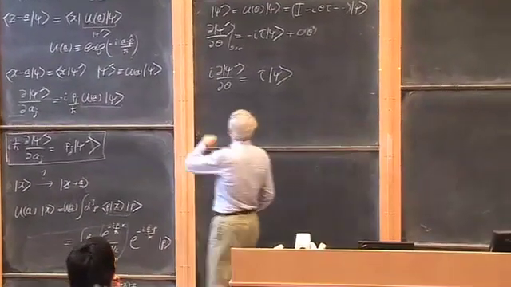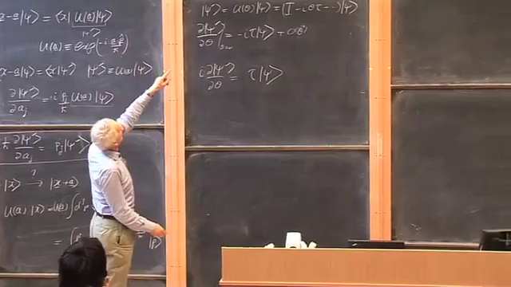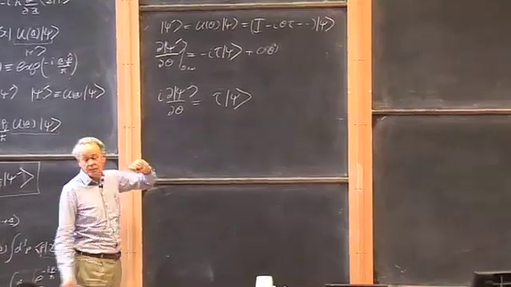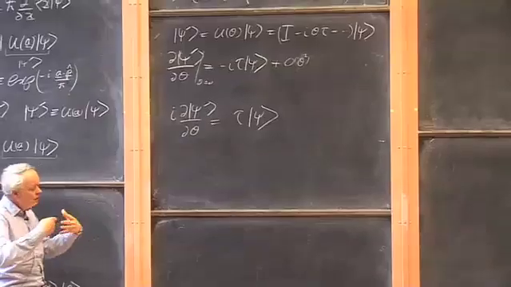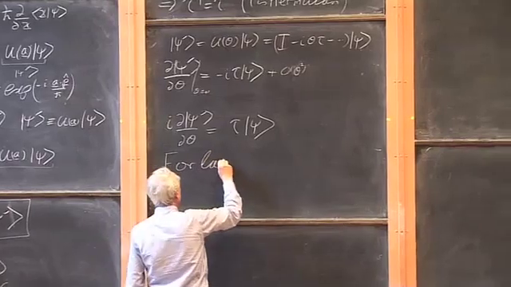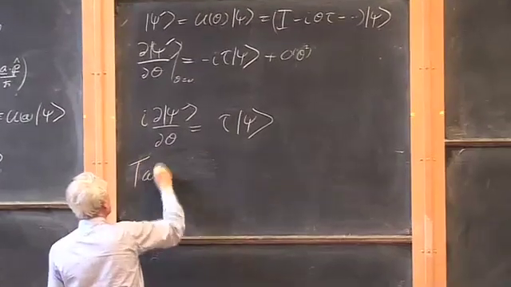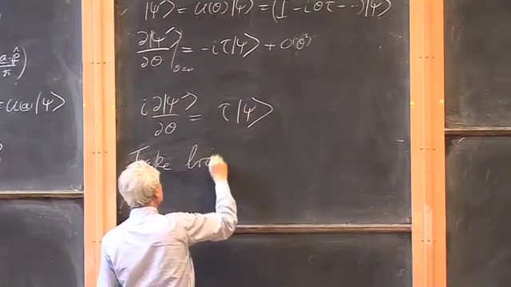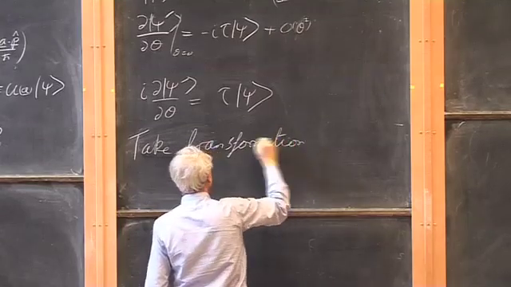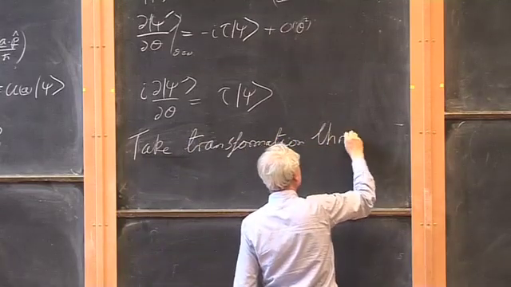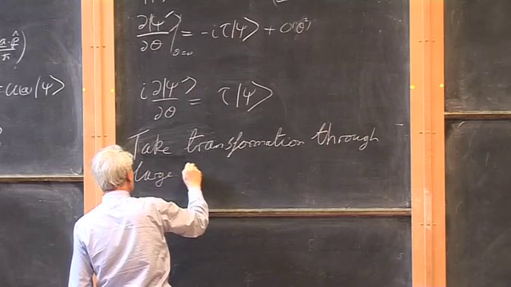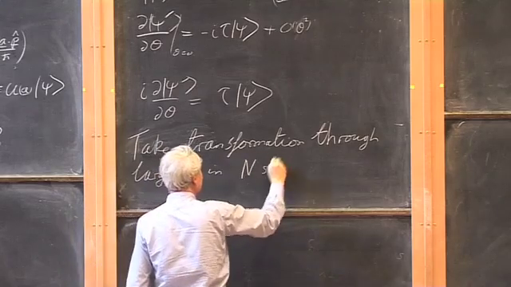And if we want to do so we've defined tau. Tau came in here through a formula for u of theta when theta is small. We would like to know how to do u of theta even when theta is large. So for large theta, what we should say is take a transformation through large theta in n steps.